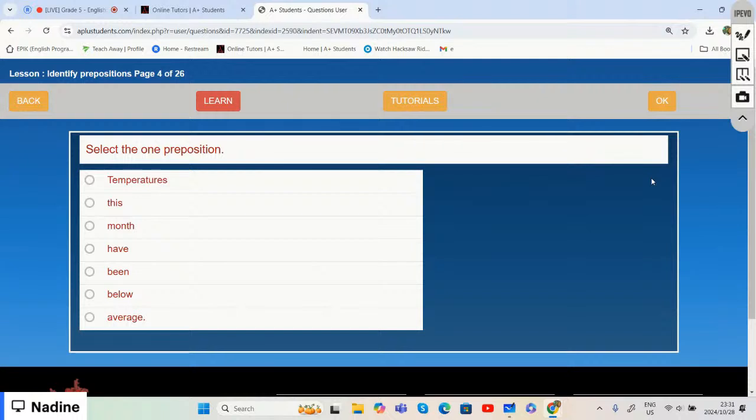All right, we are going to select the preposition within the sentence. Temperatures this month have been below average. What is the preposition within that sentence?